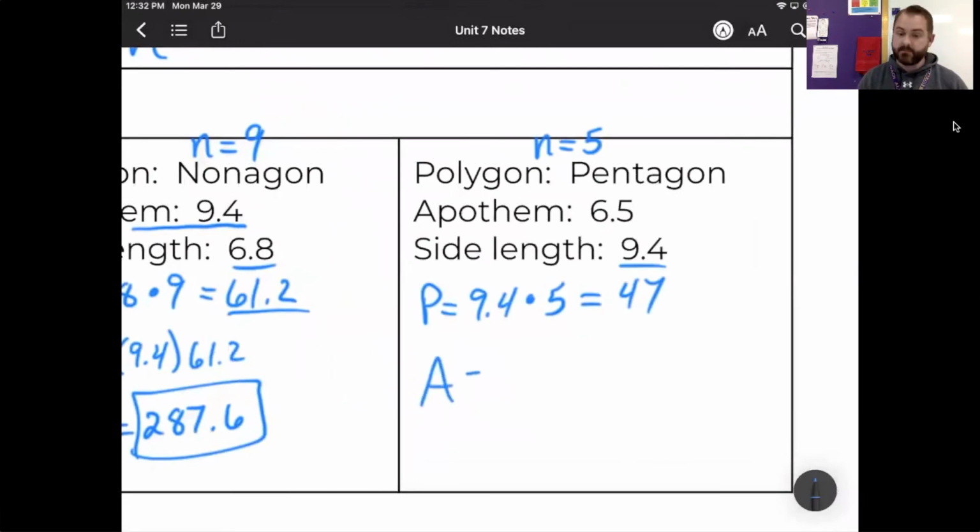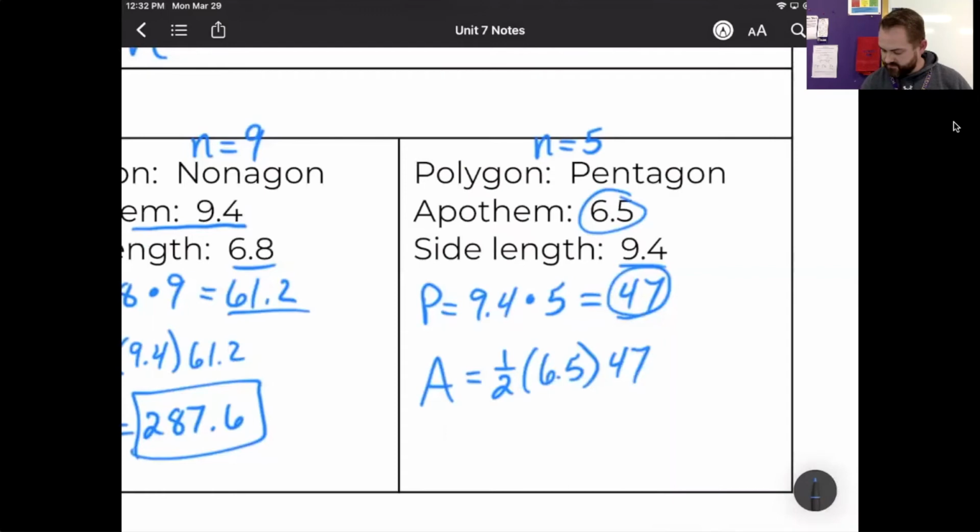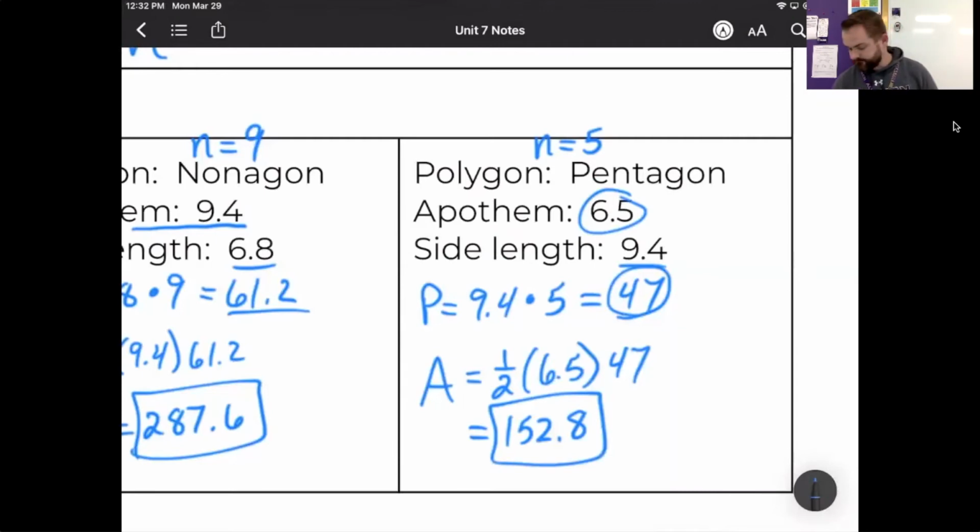So the area is 1/2 apothem times perimeter, so 1/2 the apothem of 6.5 times the perimeter of 47. So I do 6.5 times 47, and I divide by 2, and I get 152.75, so I'm going to round that up to 152.8. Okay, so that kind of finishes up area of those figures.